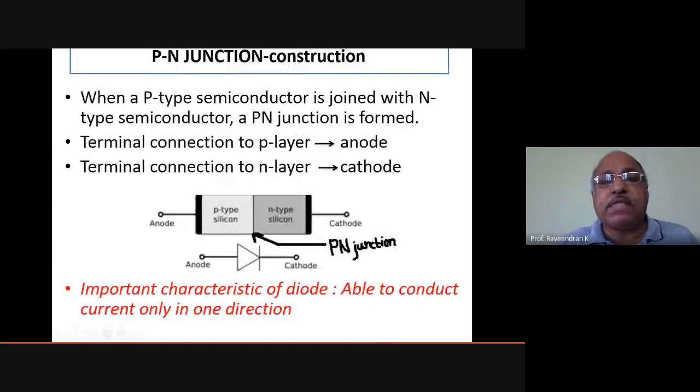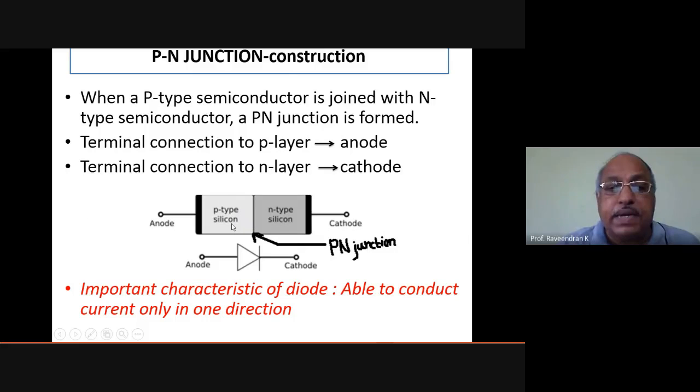When a P-type semiconductor material is joined with an N-type semiconductor material, a PN junction is formed. Just like this one. This is a P-type silicon material, and this is another N-type silicon material. This junction is made by P-type and N-type silicon material joined together, and the ends will have some metallic contacts like this.